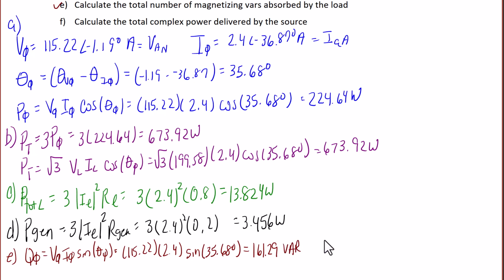So then Q total is equal to 3 Q phi. 3 times 161.29 is 483.84 VAR.